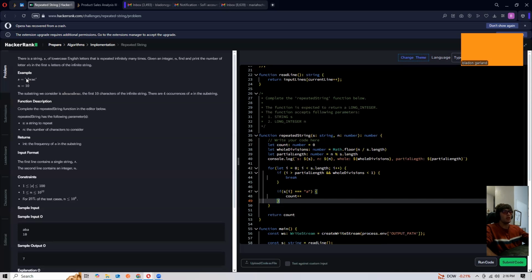Because, for example, in the example of 12, the string divides into n twice. So we need to definitely consider the full amount of letters. No. Yes.